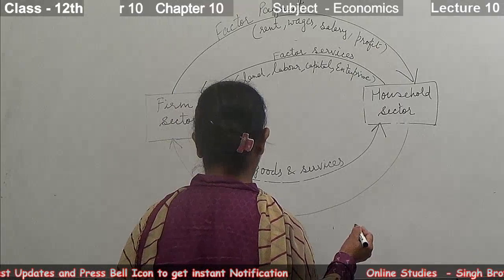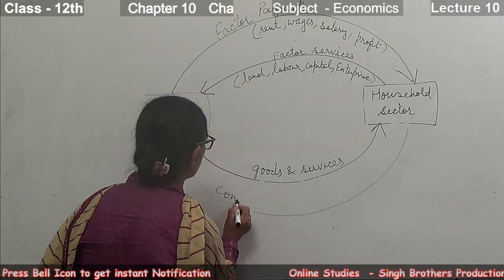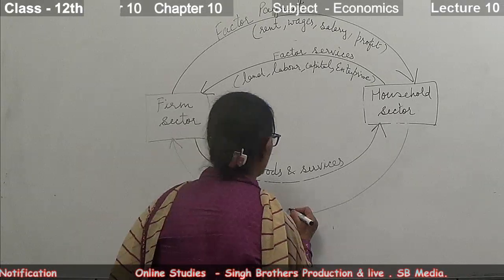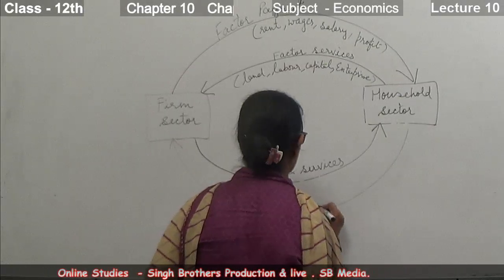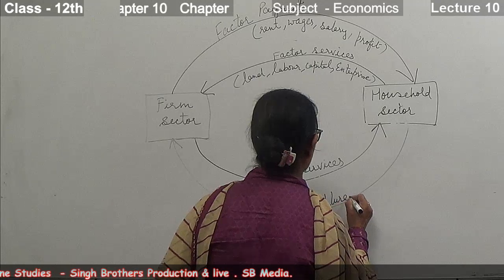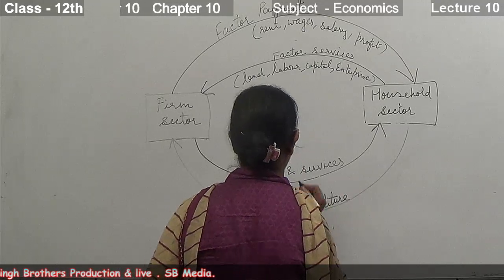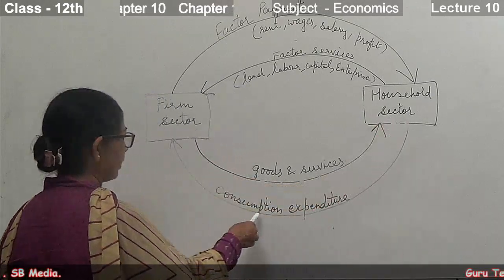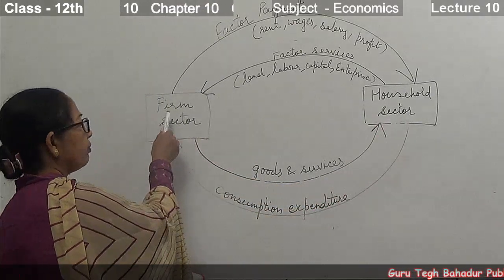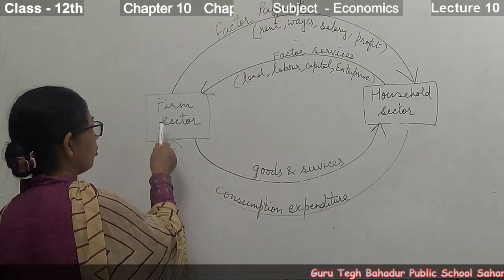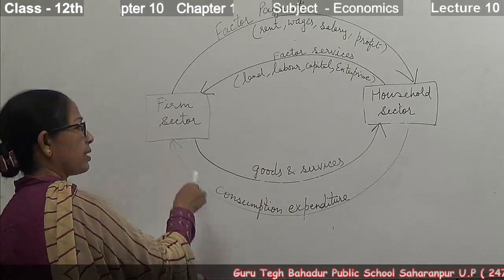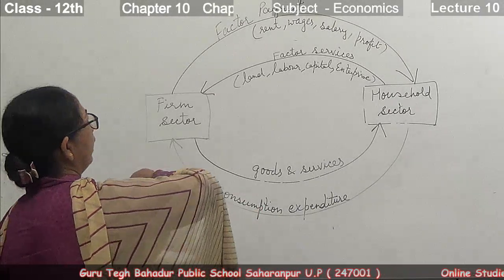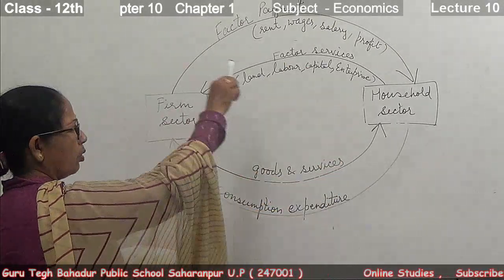It will do consumption expenditure, and by way of consumption expenditure, the household sector is paying again to the firm sector, returning the money to the firm sector, and the firm sector is again doing production work with that money, and again this flow goes on.